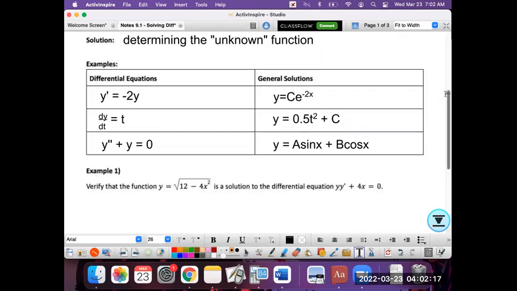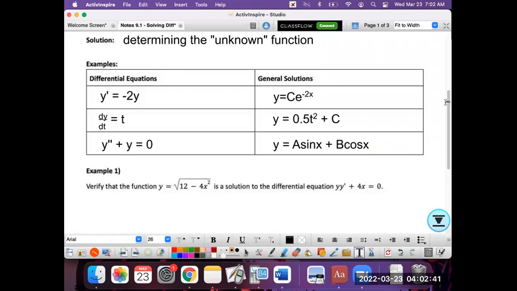Okay, so let's move on to example 1. Verify that the function is a solution to the differential equation. So that's what I was saying the entire time. Are you convinced that these are actually the general solutions to those differential equations? Well, take all of the information that you know, plug it into that differential equation, and make sure that you get a true statement.